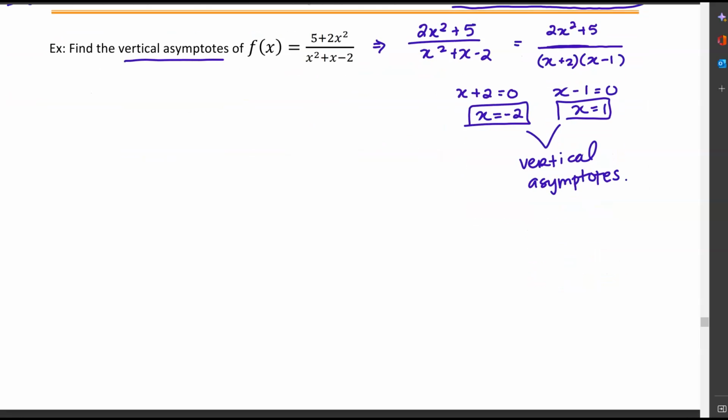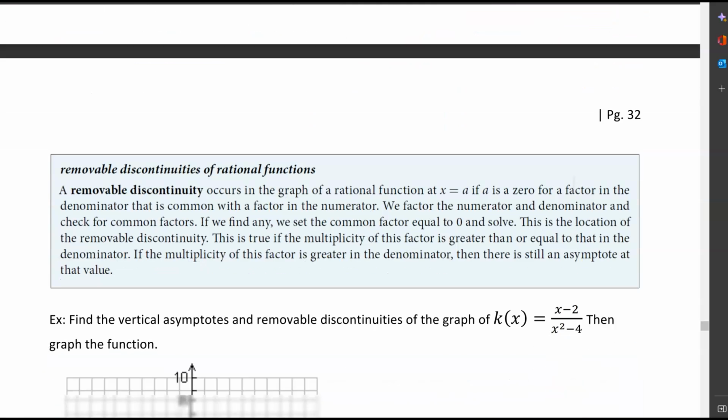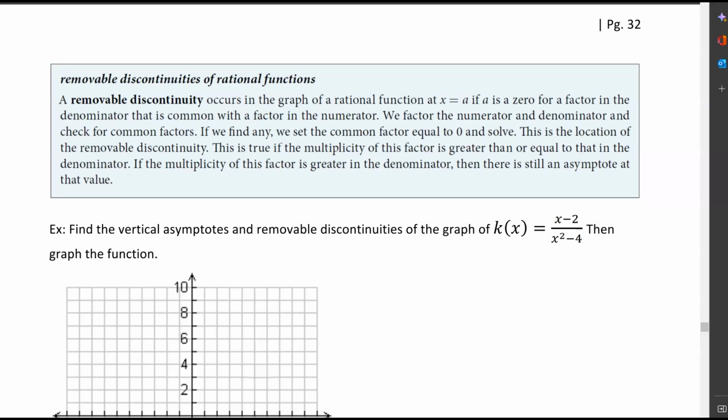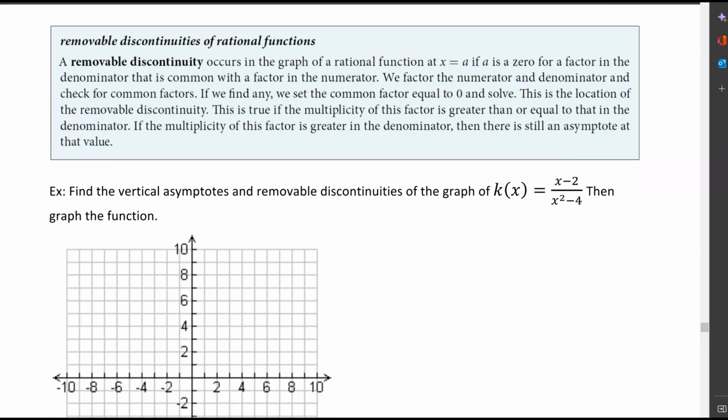All right, let's take a look at removable discontinuities for rational functions. A removable discontinuity occurs in the graph of a rational function at x equals a if a is 0 for a factor in the denominator that is common with a factor in the numerator.